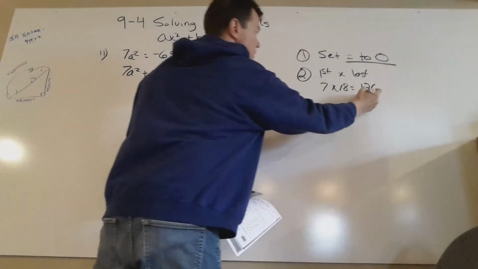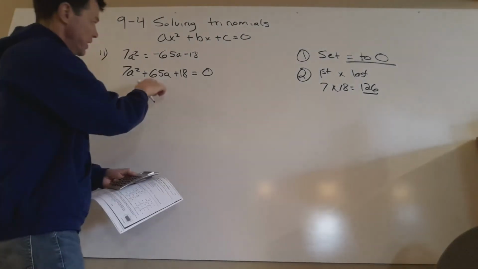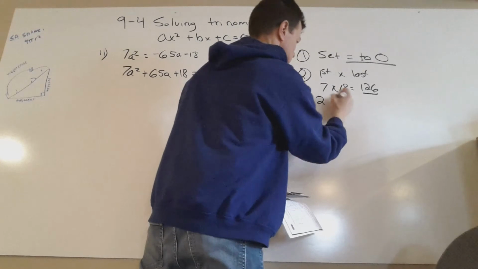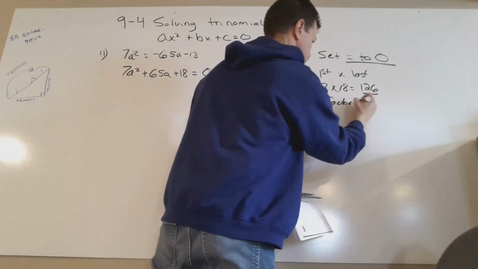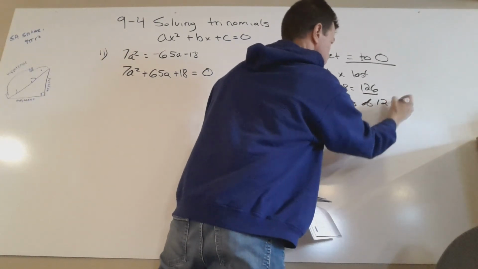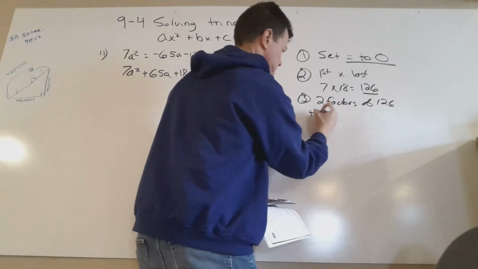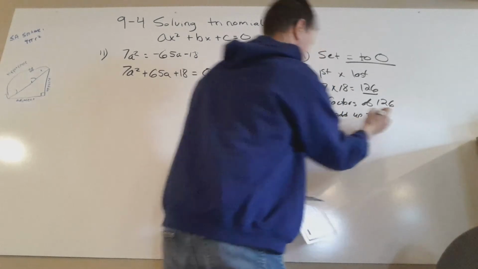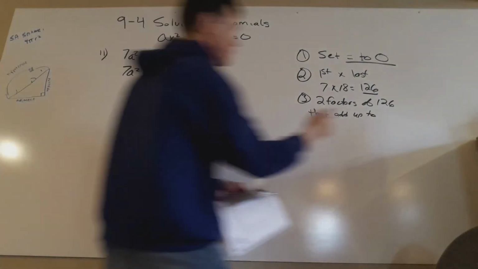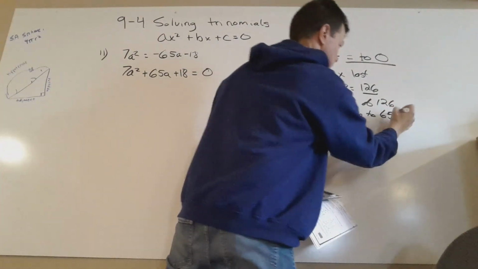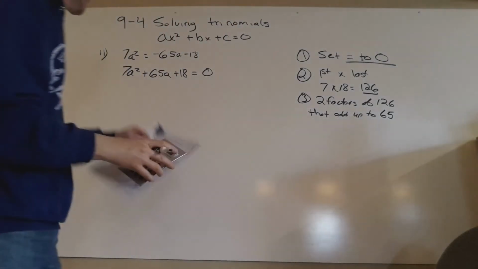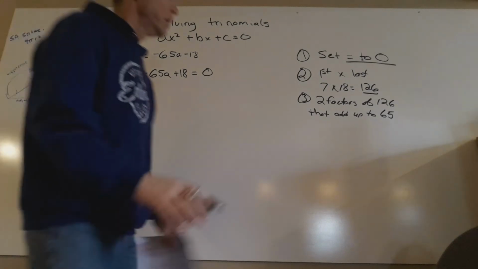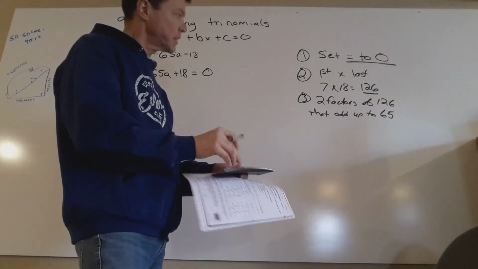Two factors of 126 that add up to the middle number 65, because we have to split up 65 so we can factor by grouping.